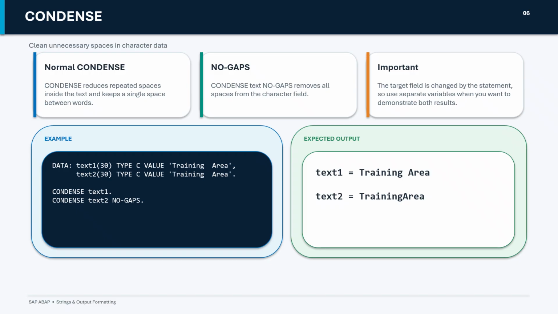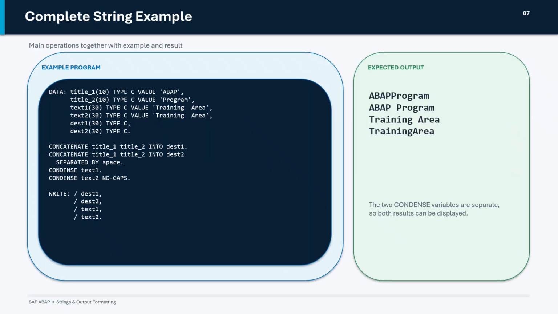Next, let's bring the concepts together in one complete example. Here we declare character variables and use concatenate to combine the values. The first concatenate statement creates ABAP program: concatenate title 1 title 2 into dest 1, the expected output.